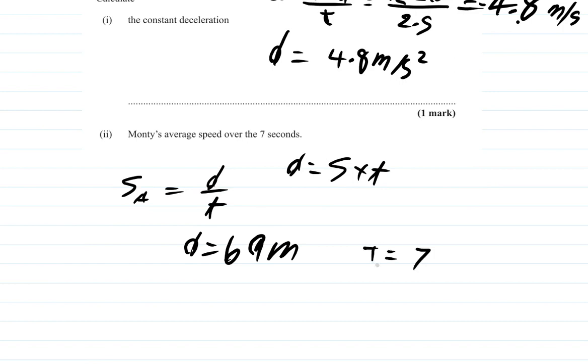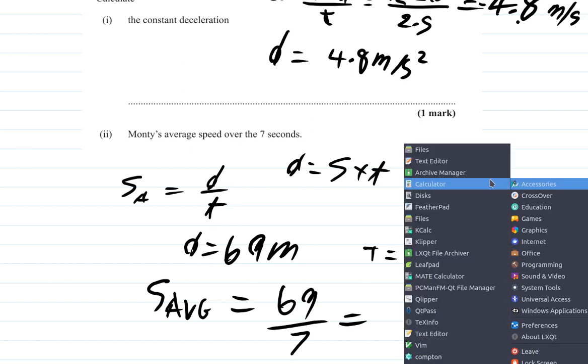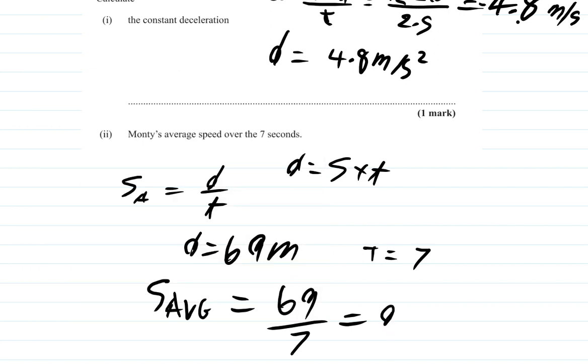Time is 7 seconds. So let me put AVG for average. The average speed would be the distance 69 divided by 7. What is 69 divided by 7? Let's do that. 69 over 7 equals 9.86 meters per second.